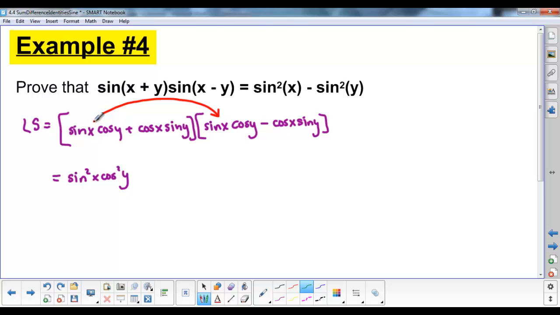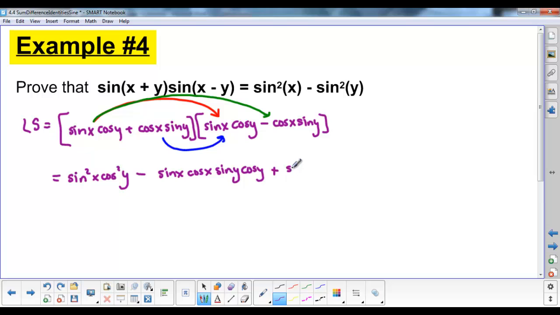Next, we are multiplying sine x cos y times negative cos x sine y. So, minus sine x cos x sine y cos y. Ends up being quite a long term. Now we'll take the cos x sine y and multiply with sine x cos y.